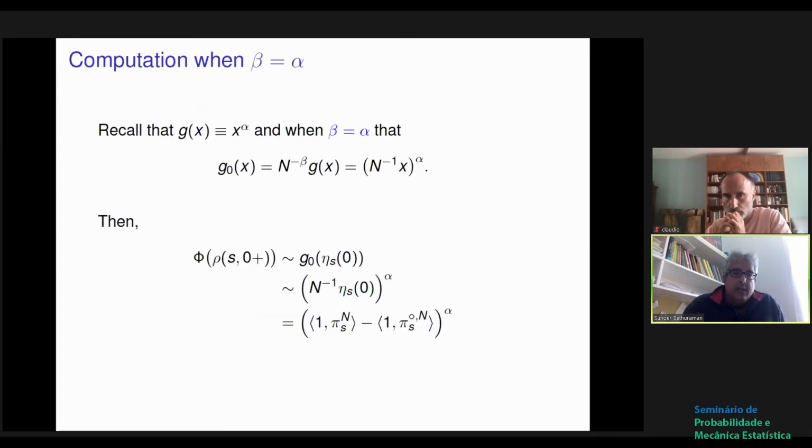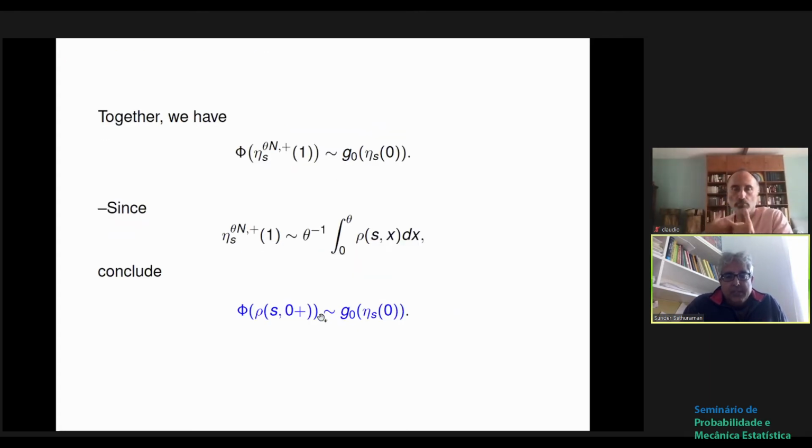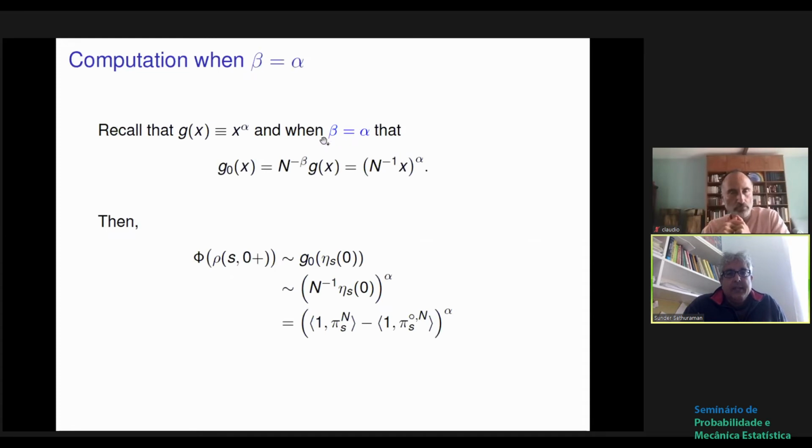Now let's just consider the beta equals alpha case, and figure out what this means in this setting. So g of x is x to the alpha, let me remind you of that. And G0 is n to the minus beta g of x, which, when beta is equal to alpha, you can write by putting the n inside the parentheses, all to the power alpha.